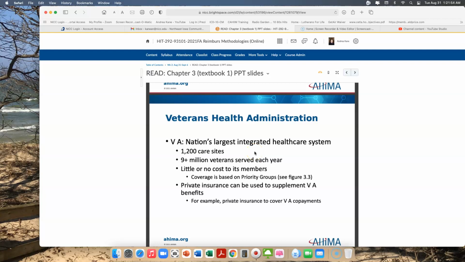But anyway, the VA is the nation's largest integrated healthcare system with over 1,200 care sites, serving over 9 million veterans each year. It is little or no cost to its members, and coverage is based on priority groups. And it says figure 3.3 in your book.